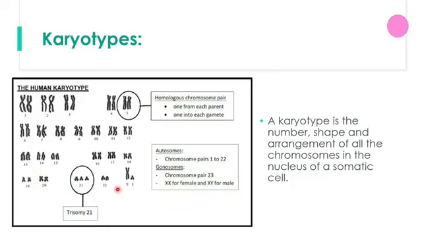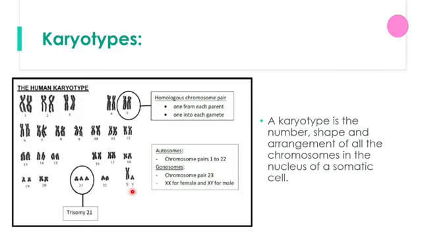So if we go to the last chromosome pair 23, there you see there's the Y chromosome. It's much smaller than the X chromosome. So in this case, this karyotype is that of a male.